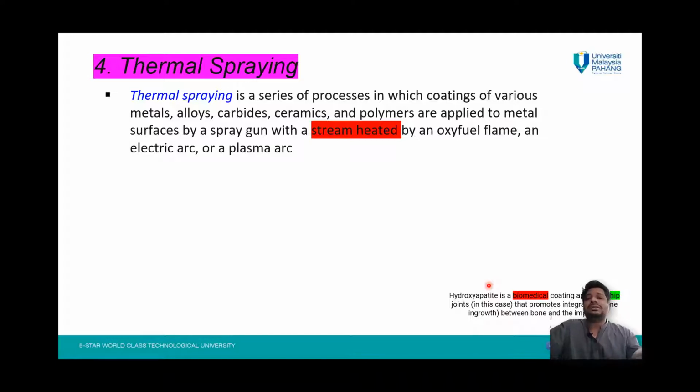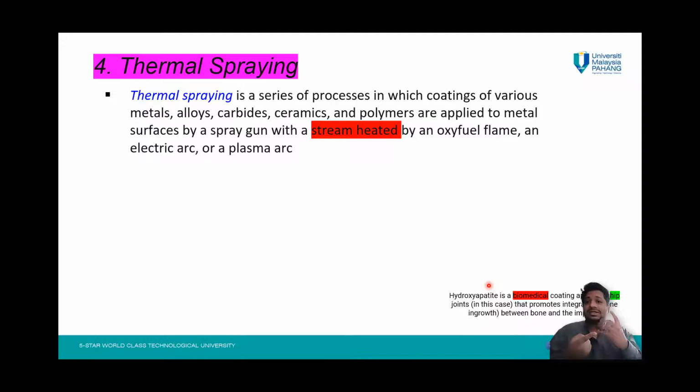Thermal spraying is basically a process in which coatings are deposited onto the material with the help of heat. Okay, so I'm going to heat a material, and by heating it is going to melt, and then that melt can be spread and deposited onto the material. Now I can do coating of various alloys, carbides.